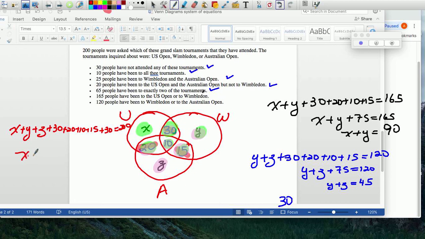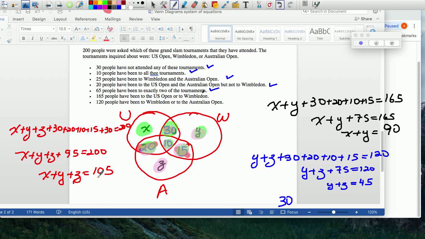So x plus y plus z plus, and let's add this, 30, 20, 60, 90, 95 equals 200. Subtract 95 from each side, and I'm going to get x plus y plus z equals 105.